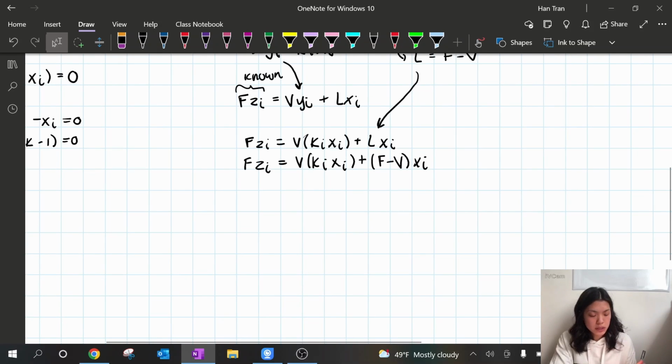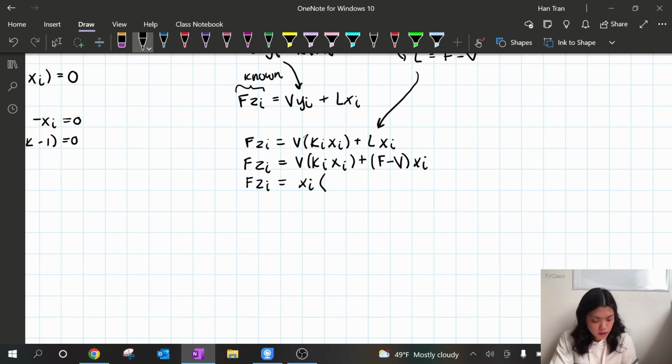Now what we can do is we can distribute out the liquid mole fraction, so that's going to give us the feed times the feed mole fraction of component I equals the liquid mole fraction times the quantity of the vapor times the ratio plus the feed minus the vapor.